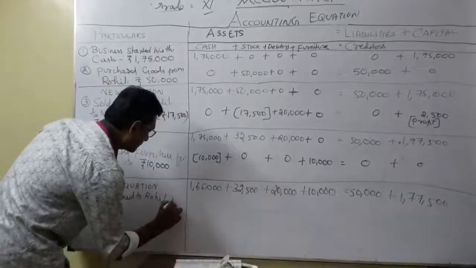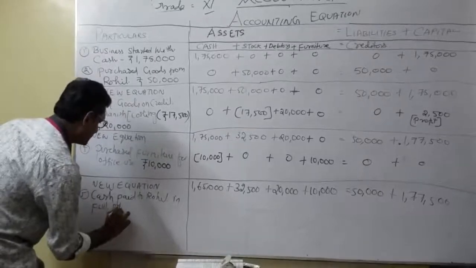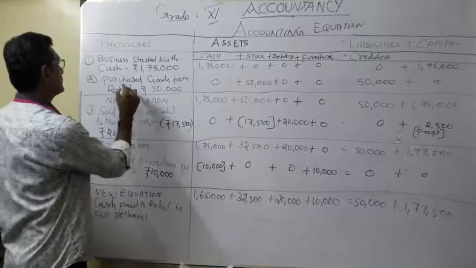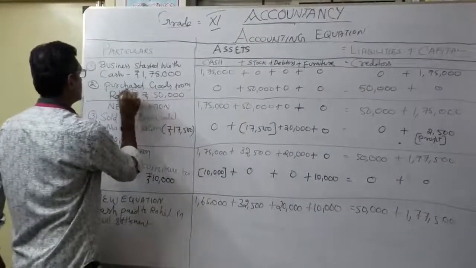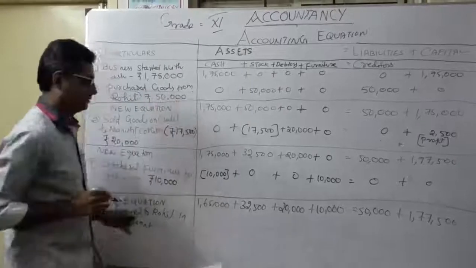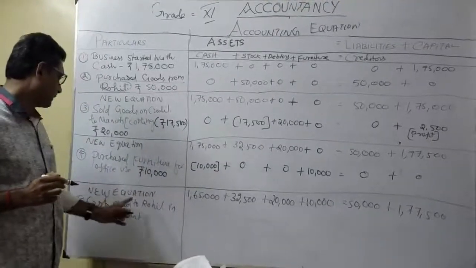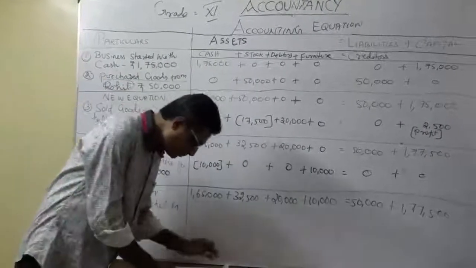In full settlement. So this is a very important transaction. Full settlement, that means what? See here, Rohit, we already purchased goods from Rohit, correct? How much? 50,000. So now we paid. New equation, cash paid to Rohit in full settlement. So what happened? We totally paid everything.